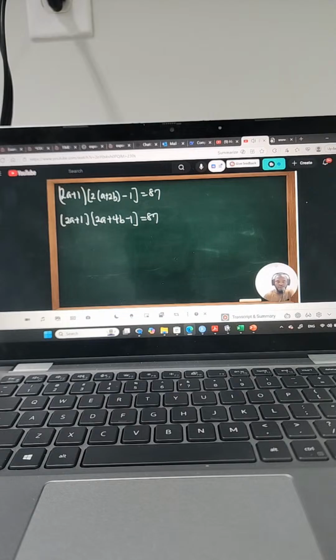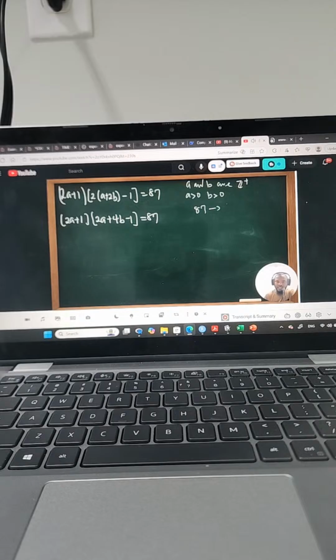Now, I want you to recall something. Here we have that a and b are positive integers. So from here, we have a greater than 0, and also b greater than 0. Now, let's look at the factors of 87. What are the possible two factors of 87?